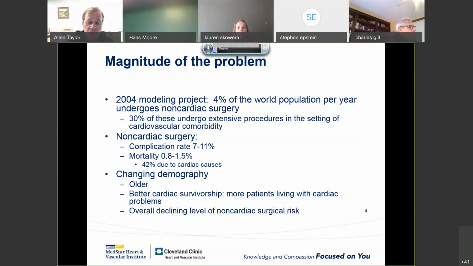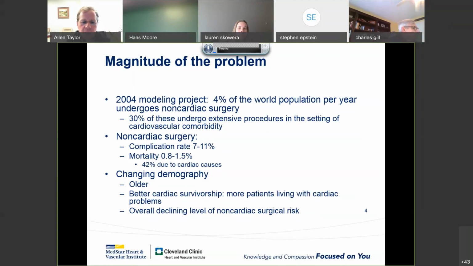The overall complication rate from non-cardiac surgery is about 7 to 11%. And the mortality is anywhere up to 1.5%, with a little less than half being due to cardiac causes. So the complications, while infrequent in these common surgeries, are often cardiac.